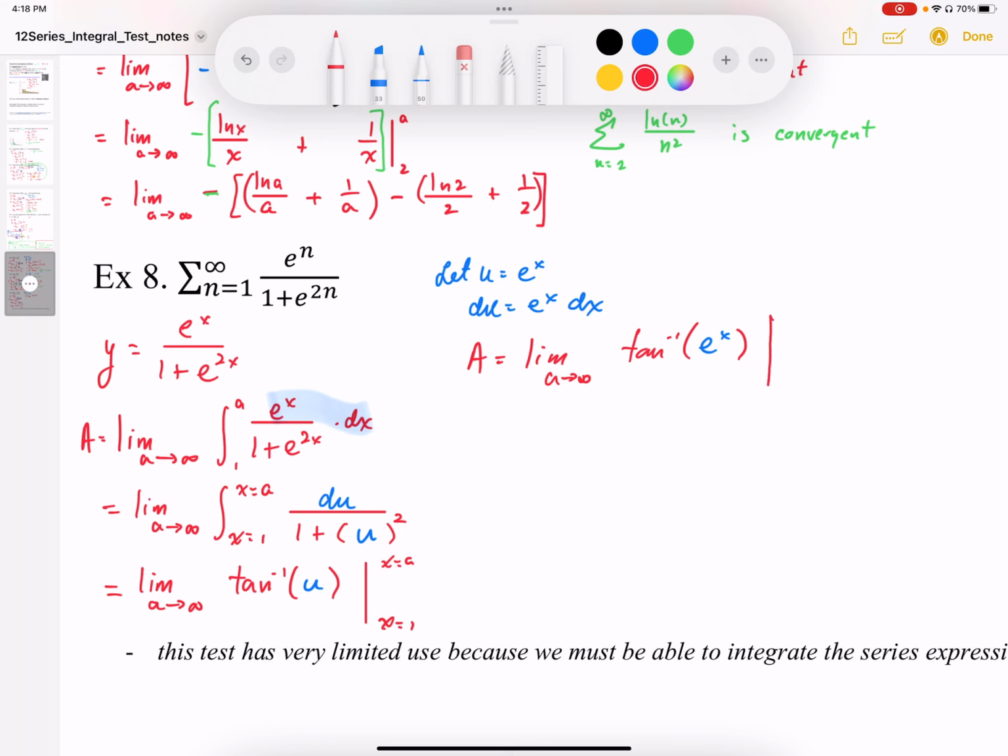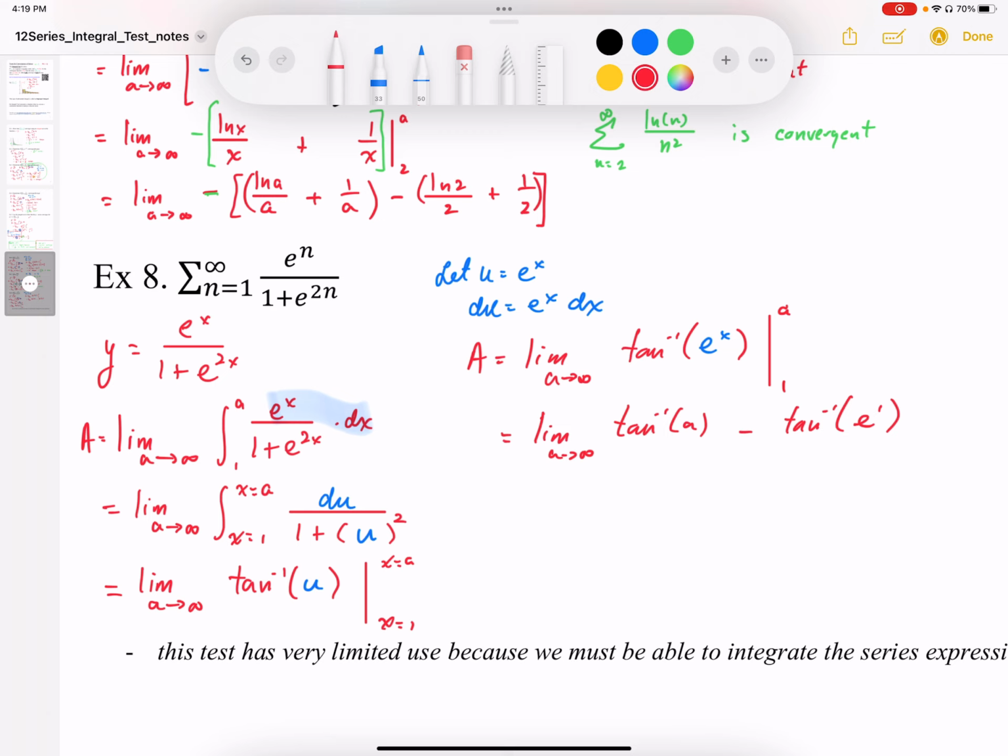And our bounds now are in terms of x's, so I just write them as 1 to a. Doing the substitution, I end up with the limit as a approaches infinity, the arctan of a minus the arctan of e to the 1.